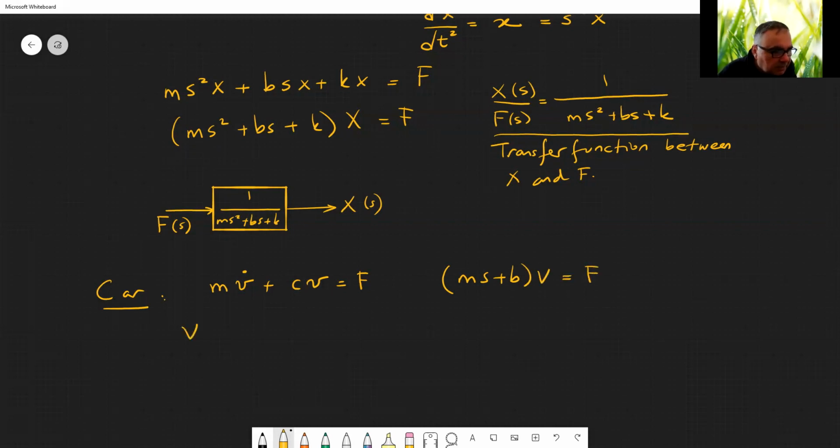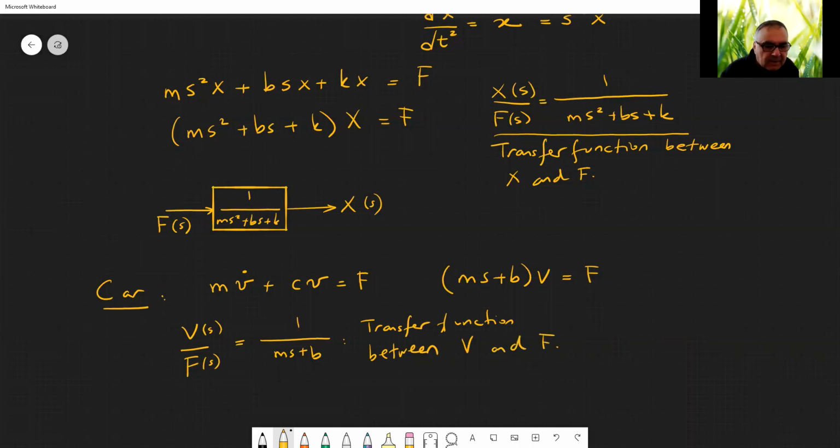So v over f, let's say these are variables not of time but of s now, is 1 over (m s plus c). For the car, this is the transfer function between the velocity and the force.